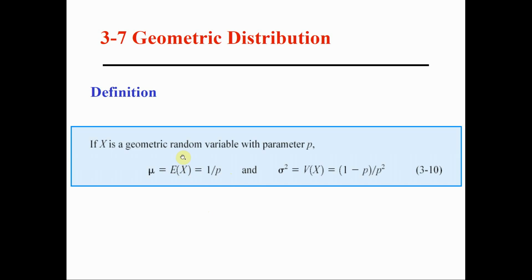So what is the average number of tosses? This is the expected value, or mu. The average number of tosses that you need until a head is obtained is 1 over 0.5, which is 2. Again, looks intuitive, looks natural, it makes sense. It can also be shown that the variance of X, for a geometric random variable, or sigma squared, is given as (1 minus P) over P squared.